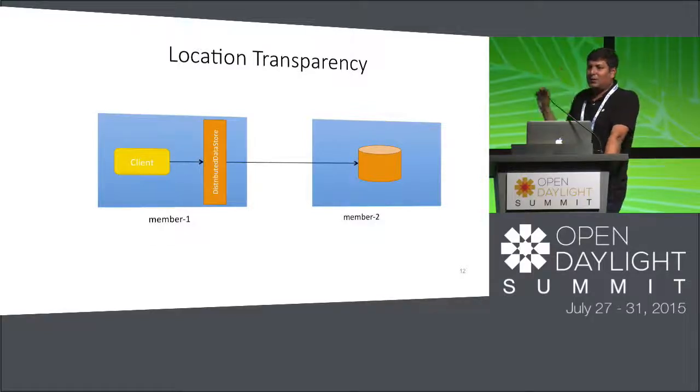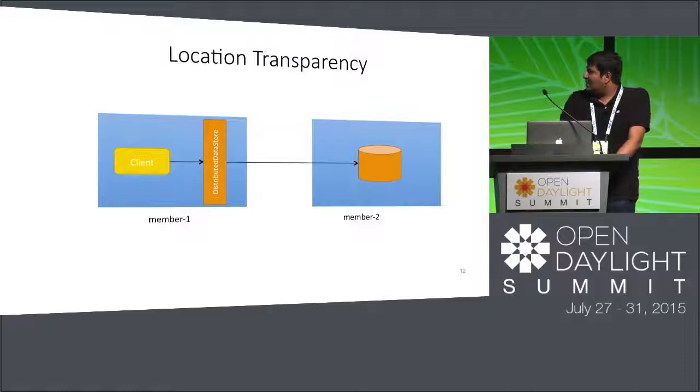If you go and look at the implementation, you will find a class called DistributedDataStore, in fact. And that's what guides you as to what the next step is, what will happen when you invoke, for example, creating a transaction on the distributed data store. Now this distributed data store has to talk to the data tree which is on member 2.